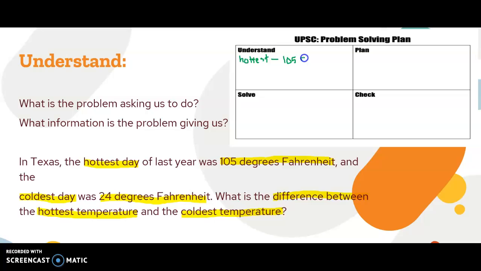I also understand that the coldest temperature was 24 degrees. And my action word or vocabulary is difference between. So I'm trying to find the difference between the hottest day and the coldest day.